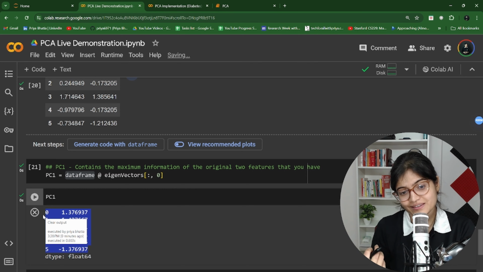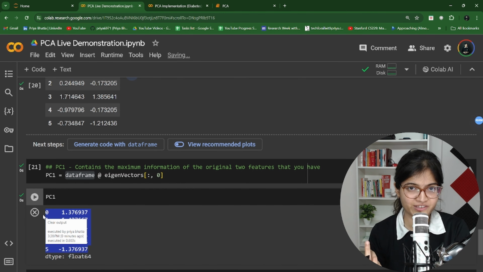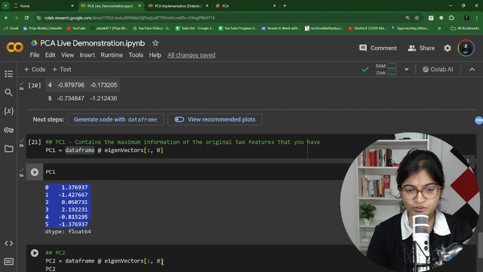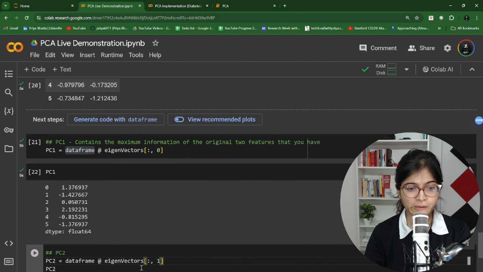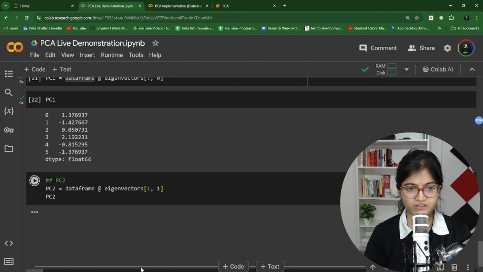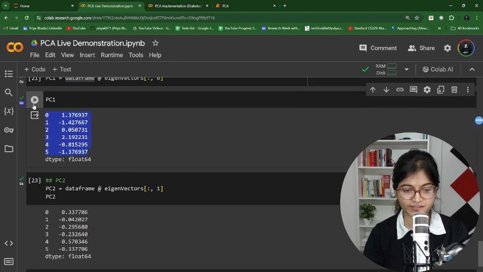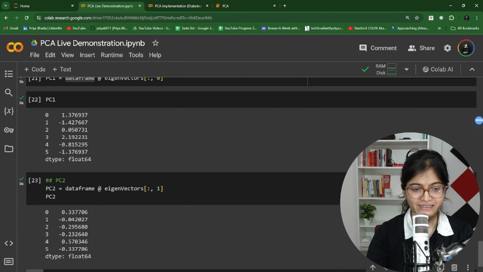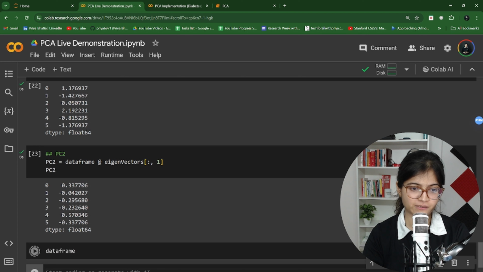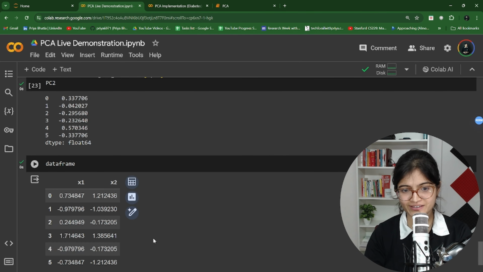But let's say you want to create the second principal component as well. I want to see how it looks. So you can take the second eigenvalue's vector, and then again you can see. Here you will have an entirely different feature set, because if you remember, my actual data frame looks like this, where I have entirely different data points.